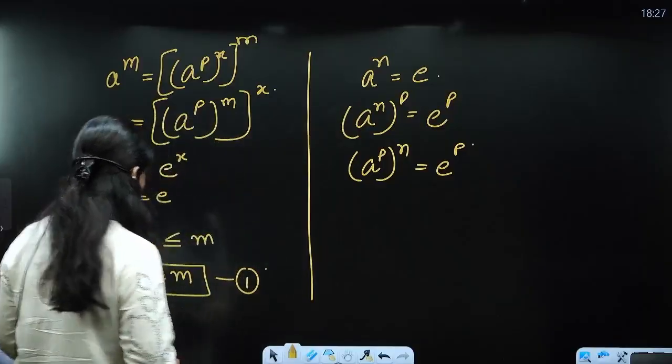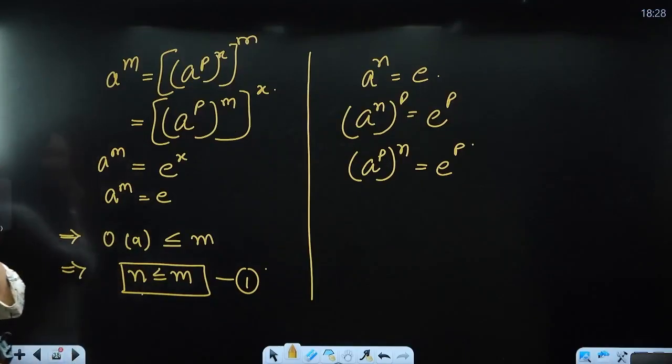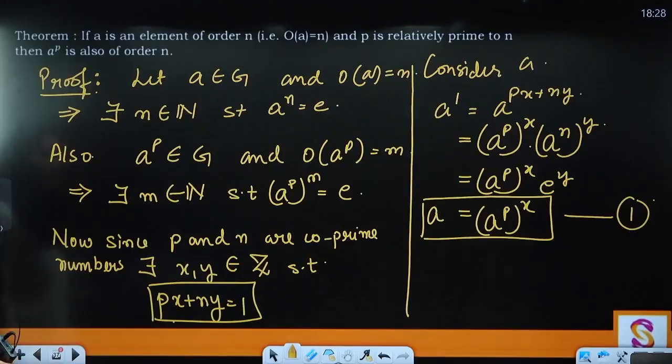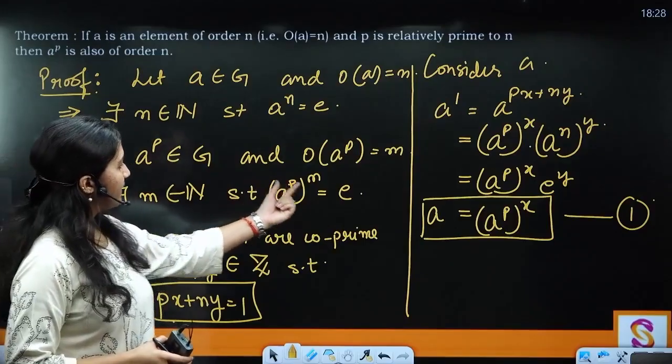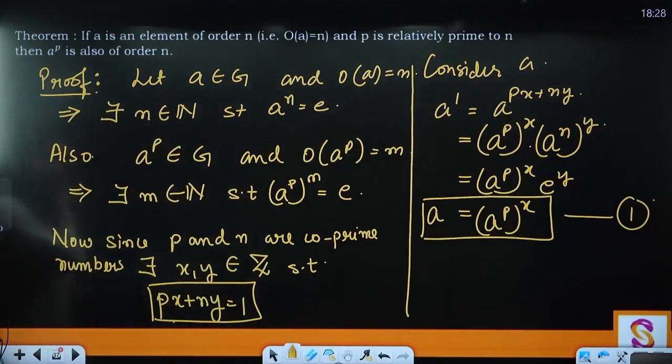From here, can I take the value of a raised to the power, what do we need? a raised to the power p. So (a raised to the power p) raised to the power m is going to be equal to e, right? Okay.